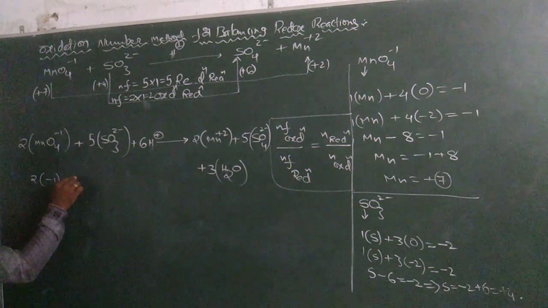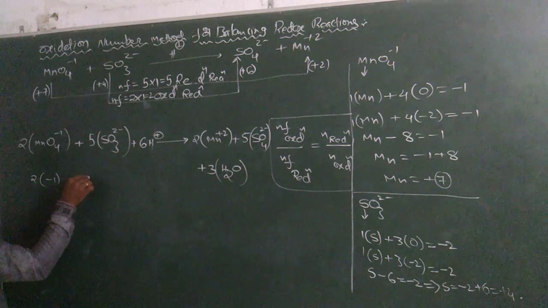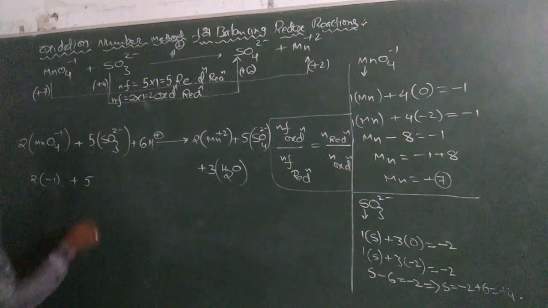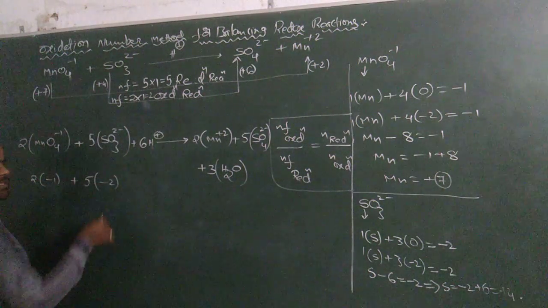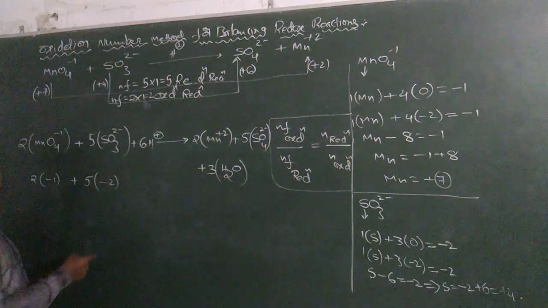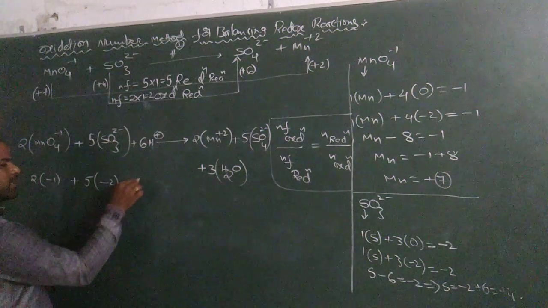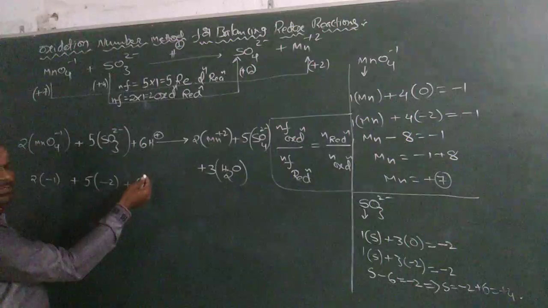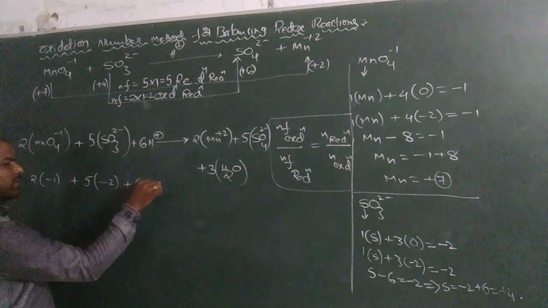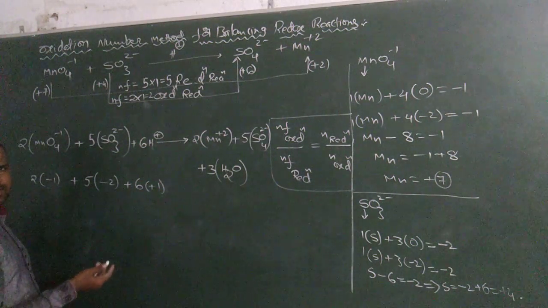There are 5 sulfite ions, and each sulfite ion charge is -2, so it is simply 5 into -2. Each hydrogen charge is +1, so 6 hydrogens, 6 into +1.